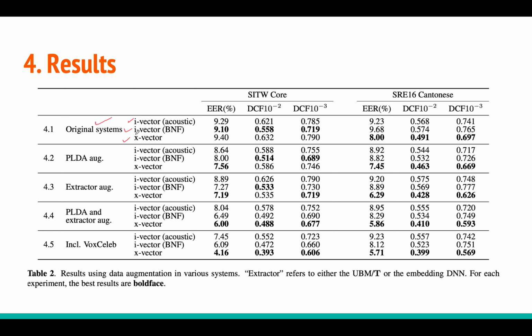If you see the original system, with Switchboard plus SRE for x-vector training and SRE for PLDA training, the best system is the i-vector bottleneck one, for both EER and DCF scores, but only for Speakers in the Wild.